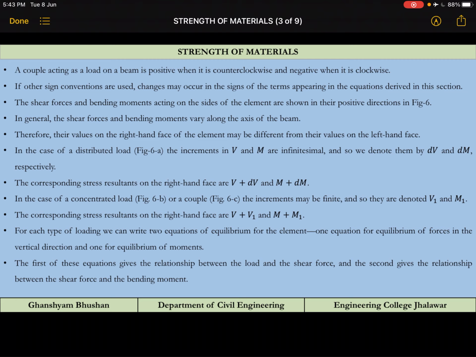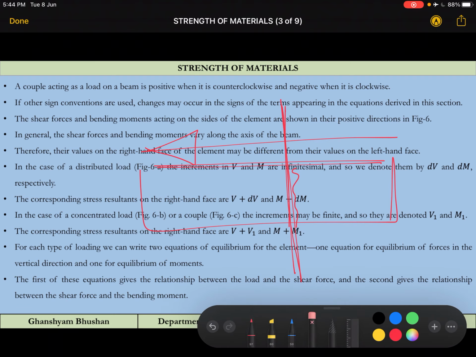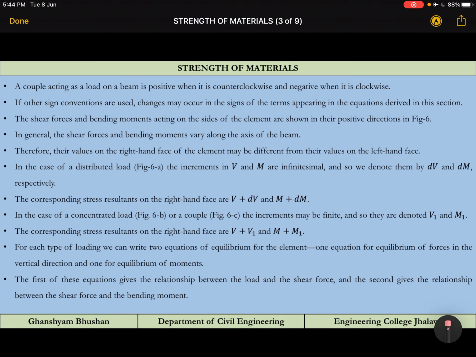So generally throughout a cross section, bending moment and shear force are constant, but they vary along the length. What does it mean? Like this, this is your beam. Okay, so if you are cutting here, at this section, at every point the shear force and bending moment are the same, but they will vary along the length of that particular beam. Okay, so we will be checking the variation of shear force and bending moment throughout the beam.